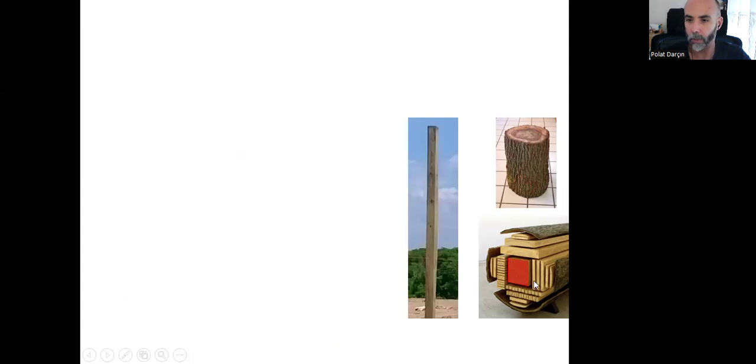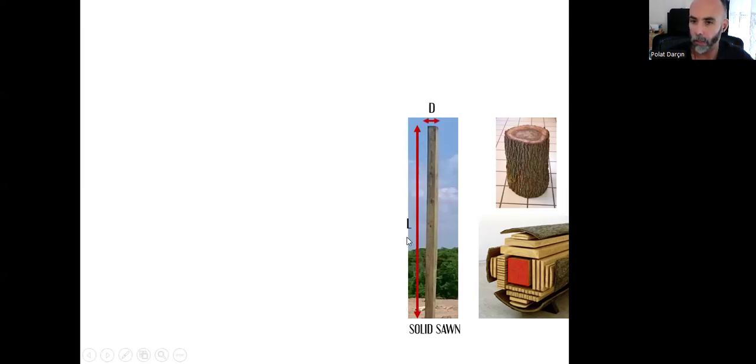And let's imagine we can get this middle part, a larger part and a long part. If you have a big tree trunk, then we can have only one single piece. It's called solid sawn. And there needs to be certain proportions between the length of the post and the width of the post.